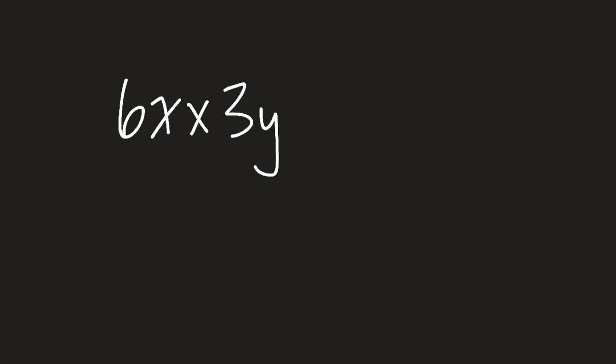Let's do another. So this one we'll do 6x times 3y. And this is a good example of why I try to draw my x's a little bit differently. You could draw it like this also, 6x times 3y. And that's also not bad. But like before, we're going to deal with the numerals and pronumerals separately.